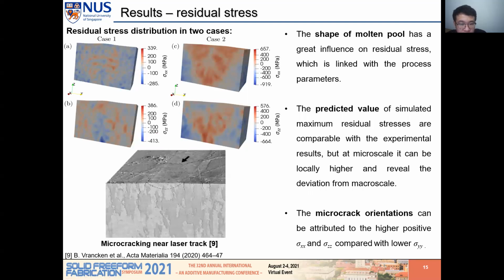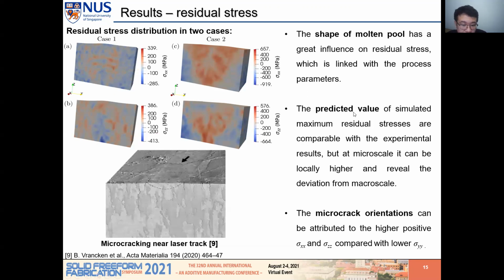This is much more obvious in case 2, because in case 1, as I have mentioned, the plastic deformation redistribution has longer time in the cooling stage. So the redistribution works more in the laser track region in case 1. Also the predicted value here is reasonable compared with the experimental results.